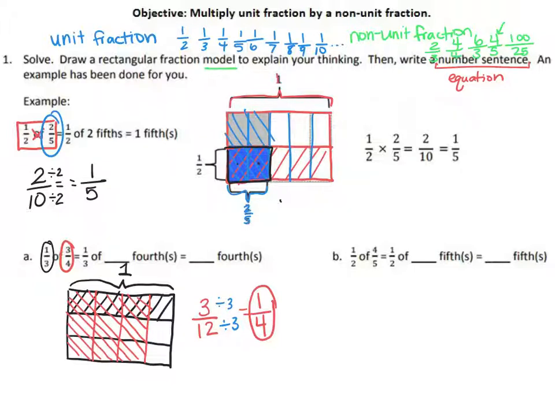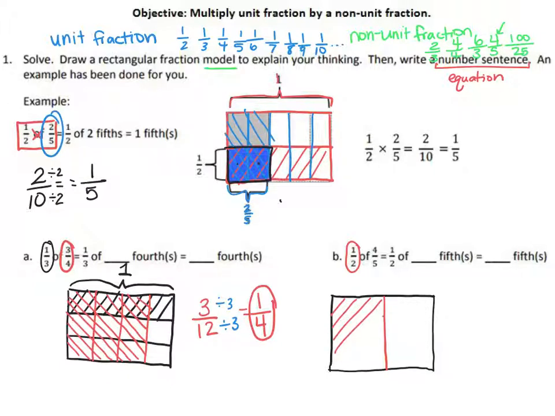Now let's do B. 1/2 of 4/5. I'm going to draw my model. Then I'm going to look and see I need 1/2. So I'm going to split my box into half and shade one of the halves.